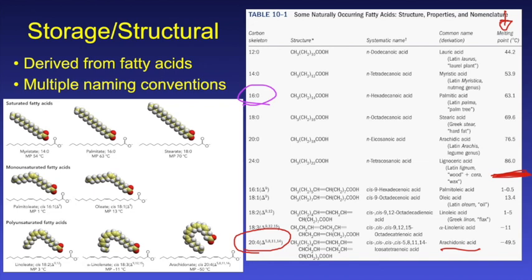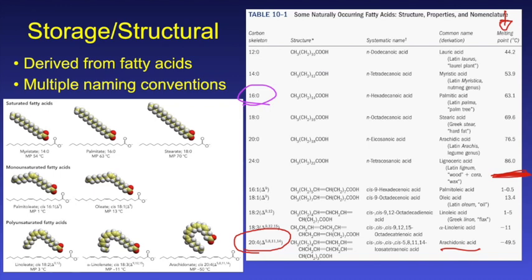But you did see characteristically, as soon as you put in a double bond, if you take a look at 16 with one double bond, its melting point is about 1 degree, whereas 16 fully saturated takes 63 degrees to melt and make it fluid. That unsaturation is huge in disrupting the London dispersion forces. London dispersion forces increase with size, as we taught you in GChem, but they also increase when you can pack molecules very close together.